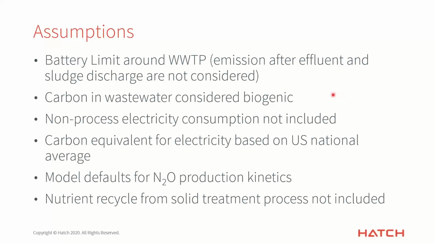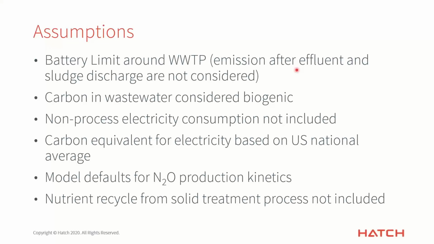So just some assumptions. We basically had the battery limit around the wastewater treatment plant itself. The carbon in the wastewater was considered to be biogenic in nature. We didn't include the electricity consumption that takes place in the utility buildings, air conditioning, or those kinds of things in the calculations here.